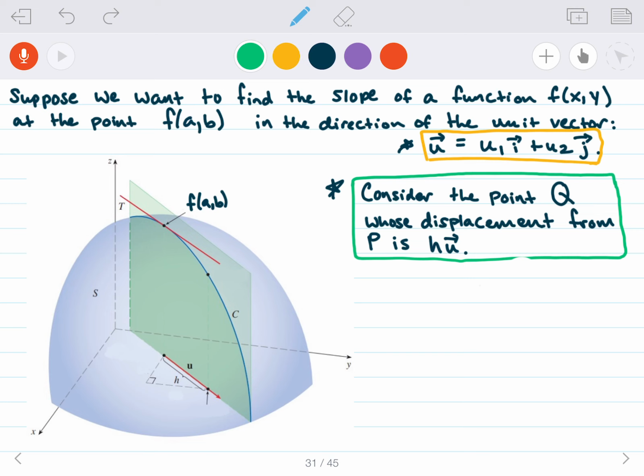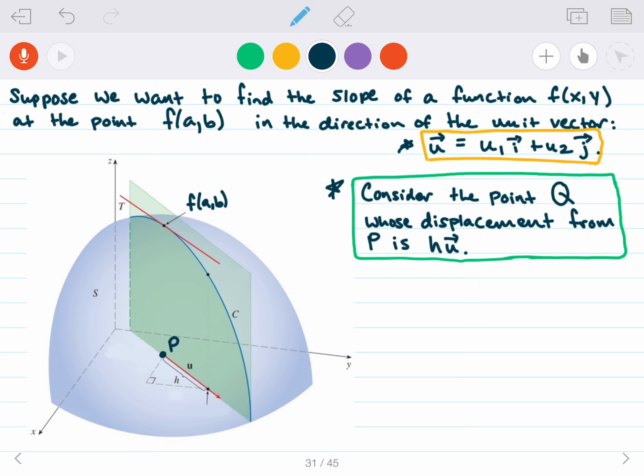So what we're going to do is consider a point on the xy plane first, P. We're going to work downstairs in the xy plane, and then project our results upstairs onto the surface, okay?